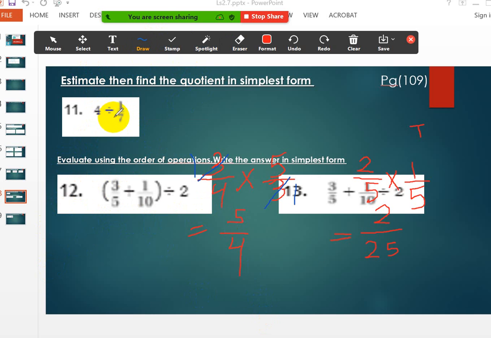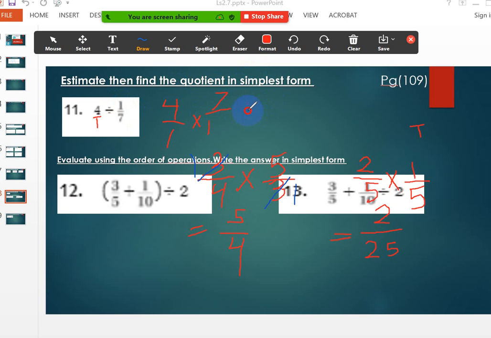Okay, 4 divided by 1 over 7. If I want to find the answer, the dividend will be the same, 4. Because it is a whole number, the denominator will be 1. So it will be 4 over 1. Now I will convert from the division to the multiplication, and for the divisor I will write the inverse of 1 over 7, which is 7 over 1.